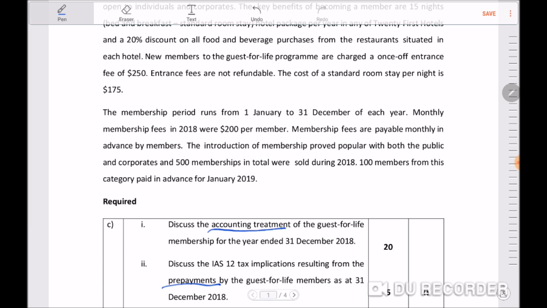And then after we establish that it is within the scope of IFRS 15, we needed to evaluate the five-step model in discussing the accounting treatment for the guest for life membership.